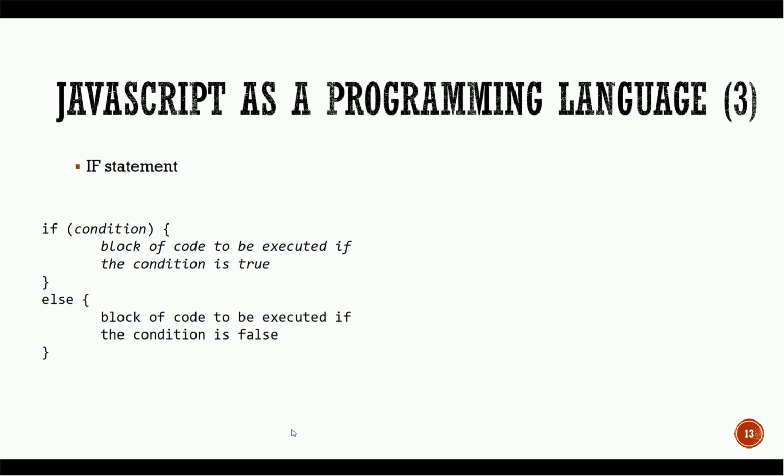And the full version of the if statement will come with the else expression at the end as well. So we have if and else. Else happens in the case the condition mentioned in the if statement becomes false. So when it fails the condition here, then the block of code inside the else is going to be executed.